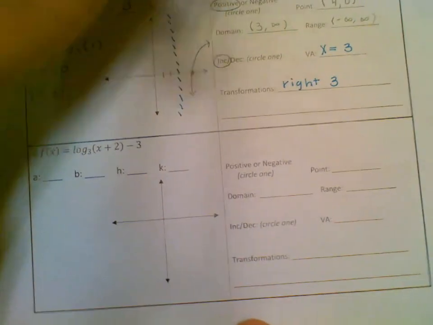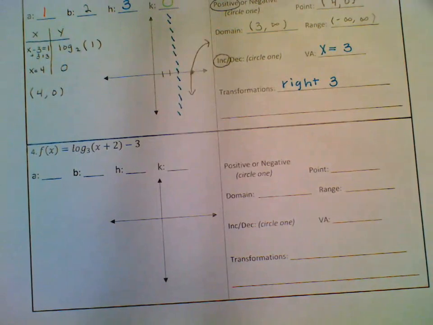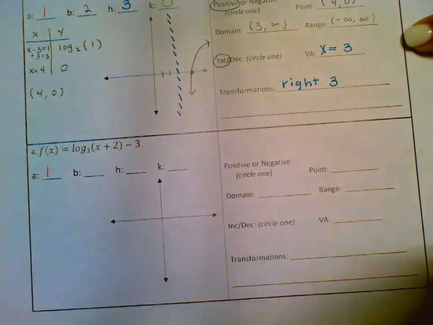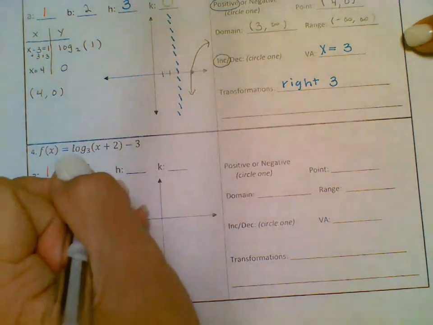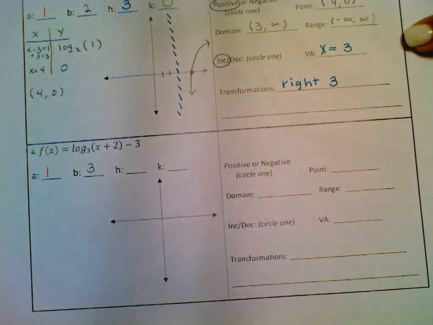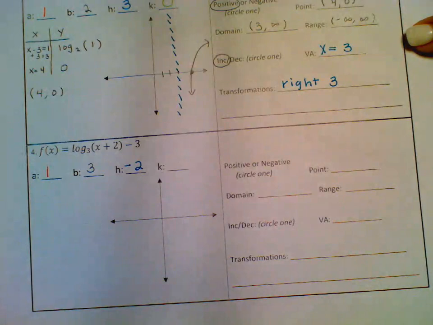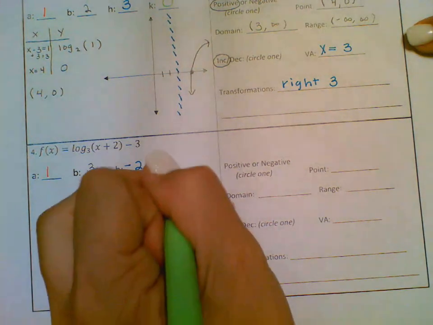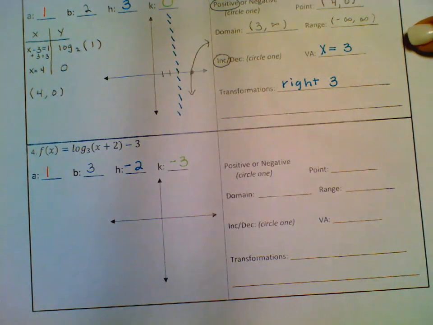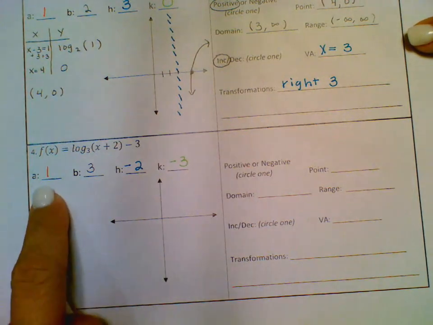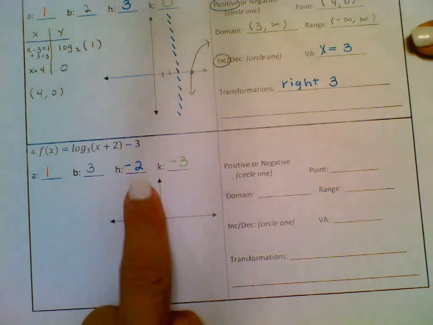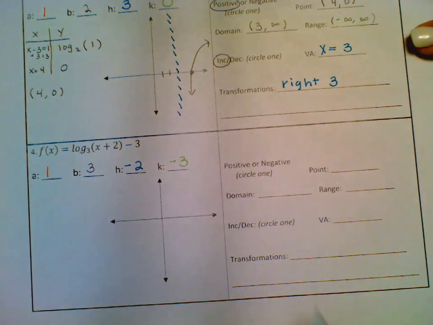All right, and last but not least, number 4. Number 4, the A value is 1. My B value is 3. I won't forget it this time. My H value is the opposite of positive 2, so it's negative 2. And my K value is negative 3. For my transformations, it's not going to be a stretch or compression. My H shifts it to the left 2.